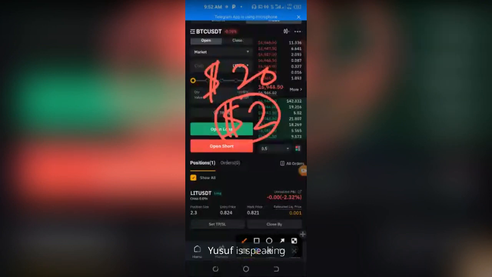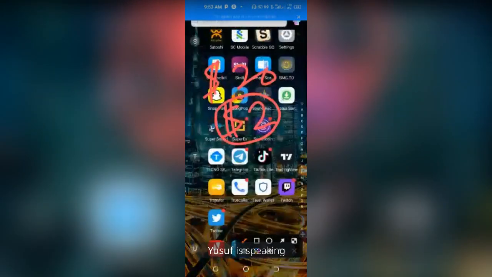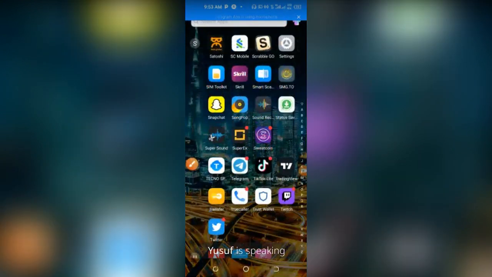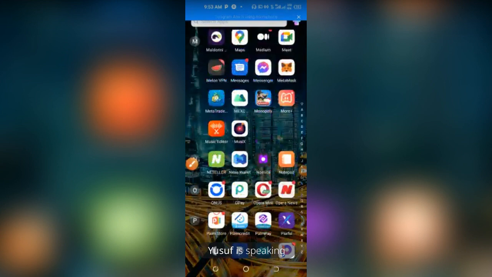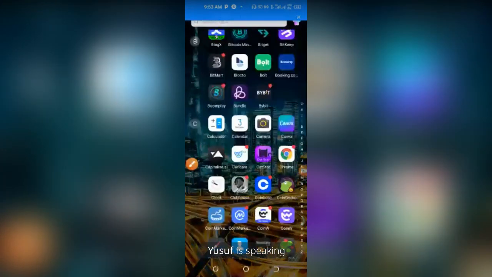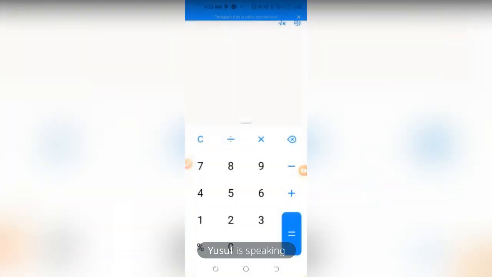For $2, if you are making 5% of $2 on one trade, 5% of $2 will give us how much? Let me go to my calculator. So we have determined now that you'll be using 10% of your capital to enter a trade, because 10% of $20, 0.1 times 20, is $2.